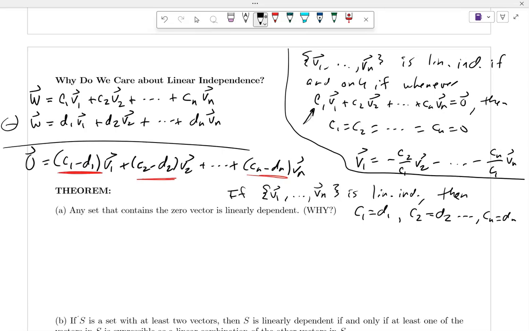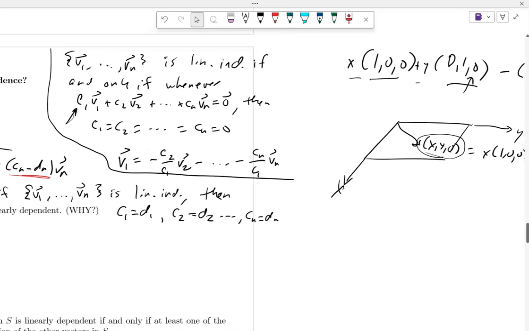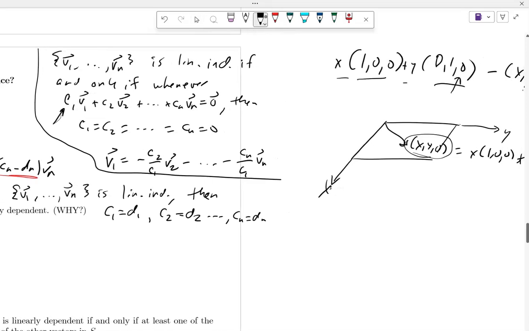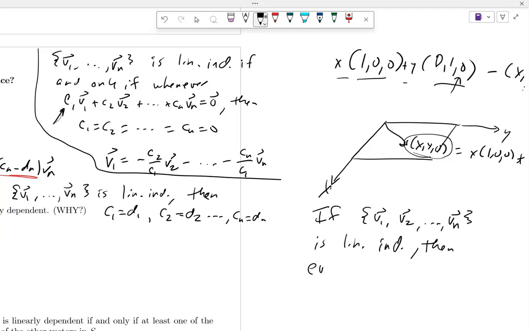So to write it out this way, if your set is linearly independent, then every different linear combination yields a different vector.